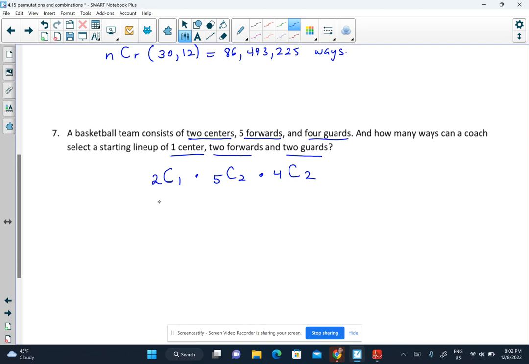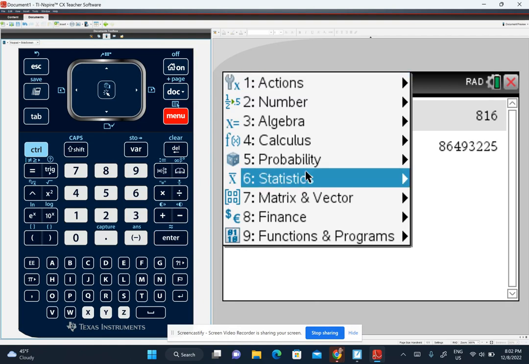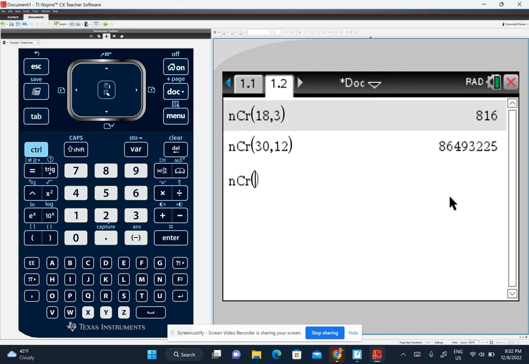And so in the calculator, let's enter this: menu, probability, combinations. Remember, it's combinations.